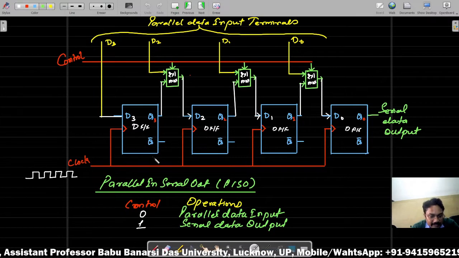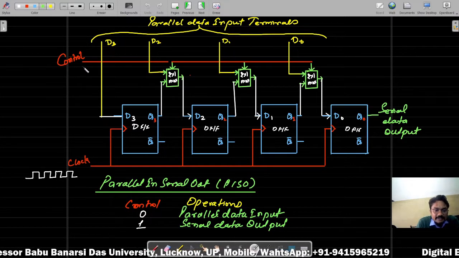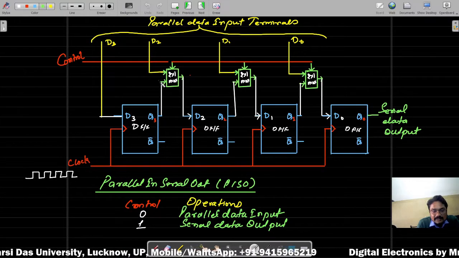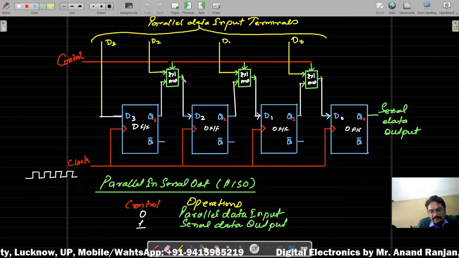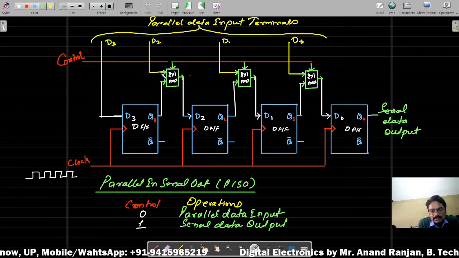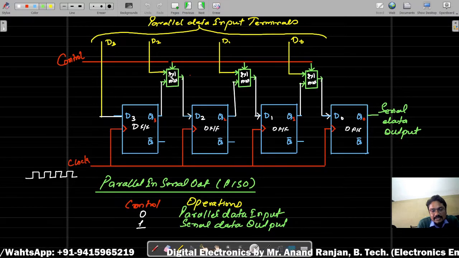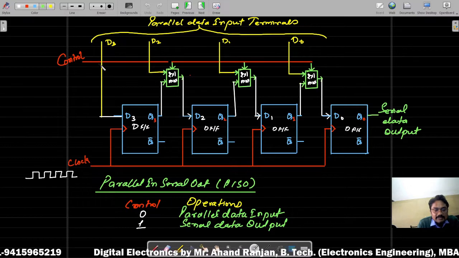Now see what happens when you provide the control 0. The property of a mux says that for select input 0, the first input line gets enabled and is passed to the output.